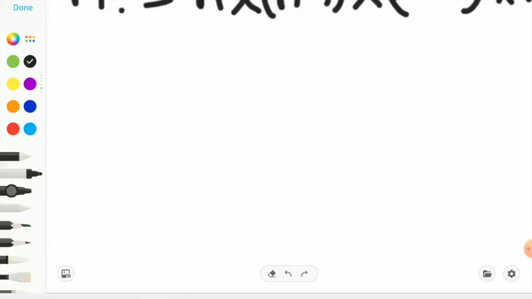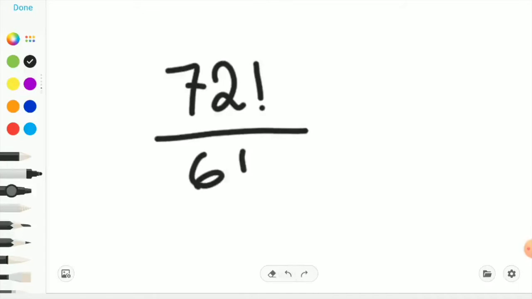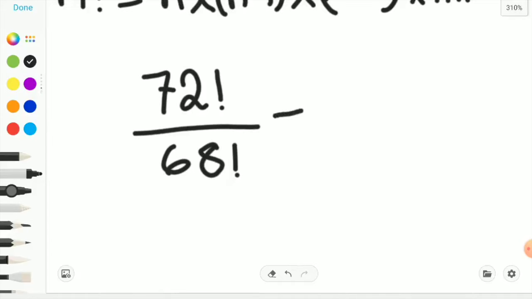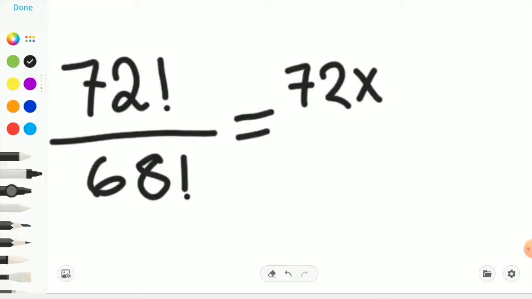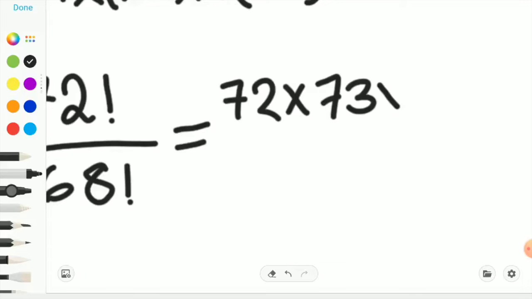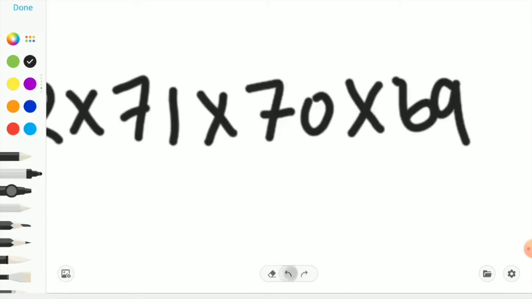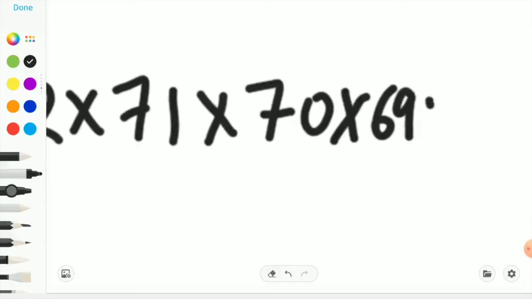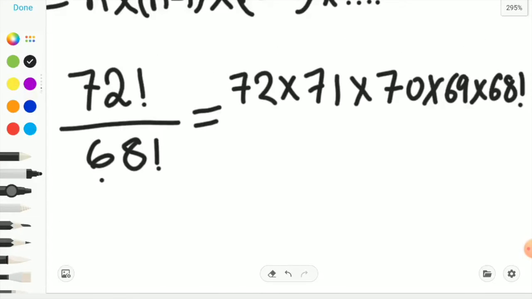If you had 72 factorial divided by 68 factorial, the way you would simplify this, because you can't put it into your calculator, is to take your larger number and expand it: 72 times 71 times 70 times 69, and then multiplied by 68 factorial, because that's a common term.